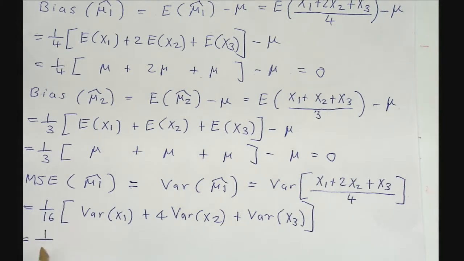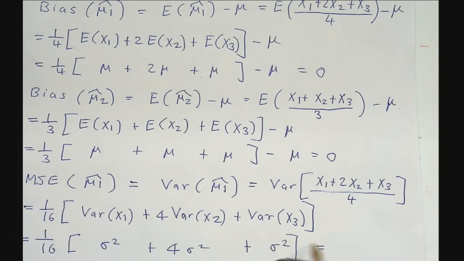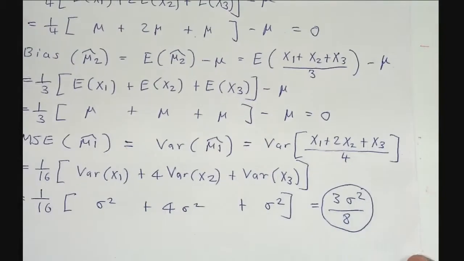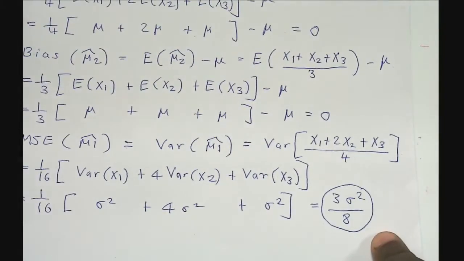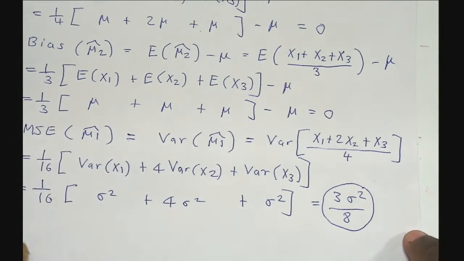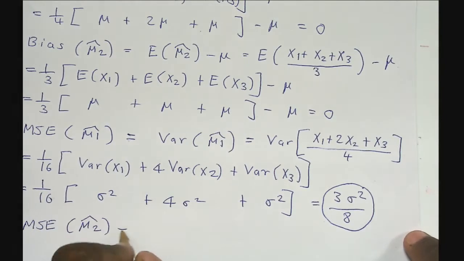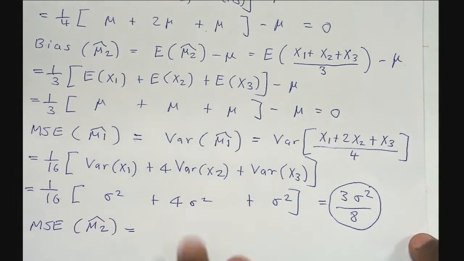Now we know that each of these variances is equal to sigma squared, because you're told that each has a normal distribution with variance sigma squared. So this is sigma squared plus 4 sigma squared plus sigma squared, and this simplifies to 3 sigma squared by 8. So this is the MSE of the first estimator, right? And similarly, the MSE of the second estimator can be worked out as follows.